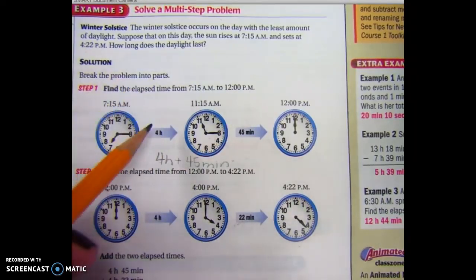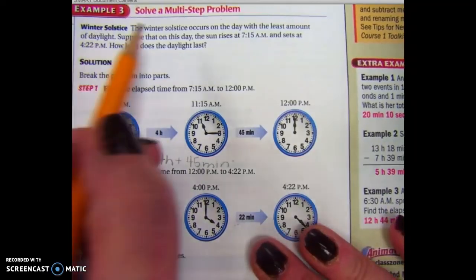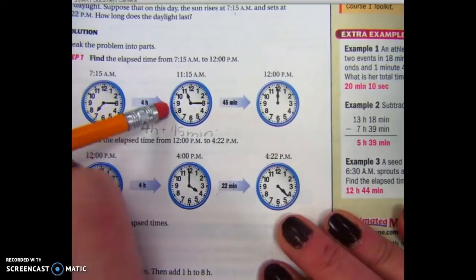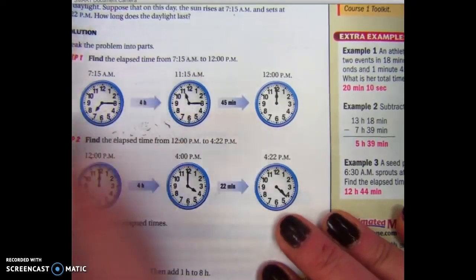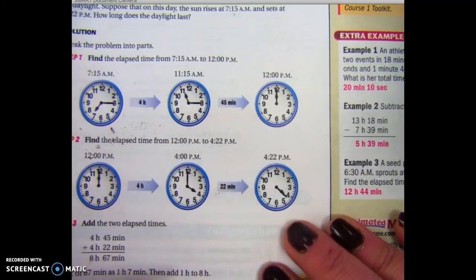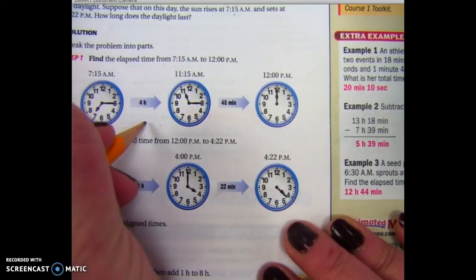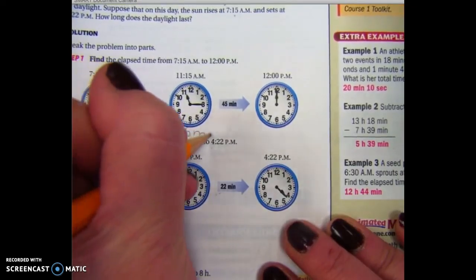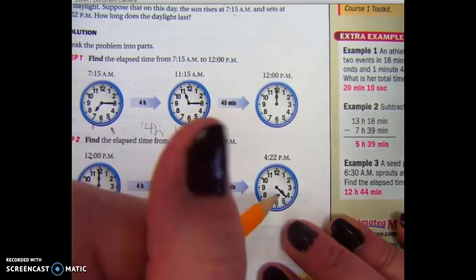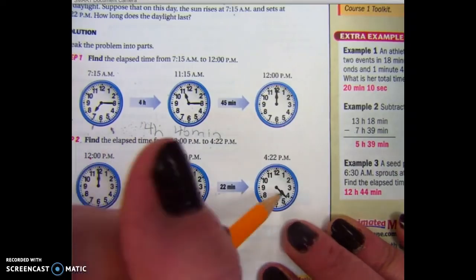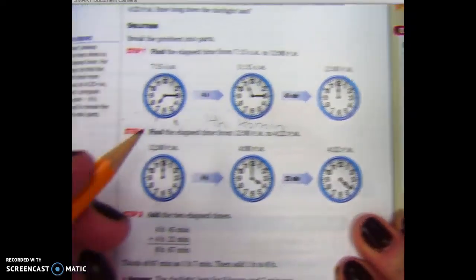So if you were going to find the difference between 7:15 and now we're going all the way up to 4:22, you keep your 4 hours and 45 minutes to noon, and then from noon to 4:22, you would say, okay, I know it's 4 hours and 22 minutes.